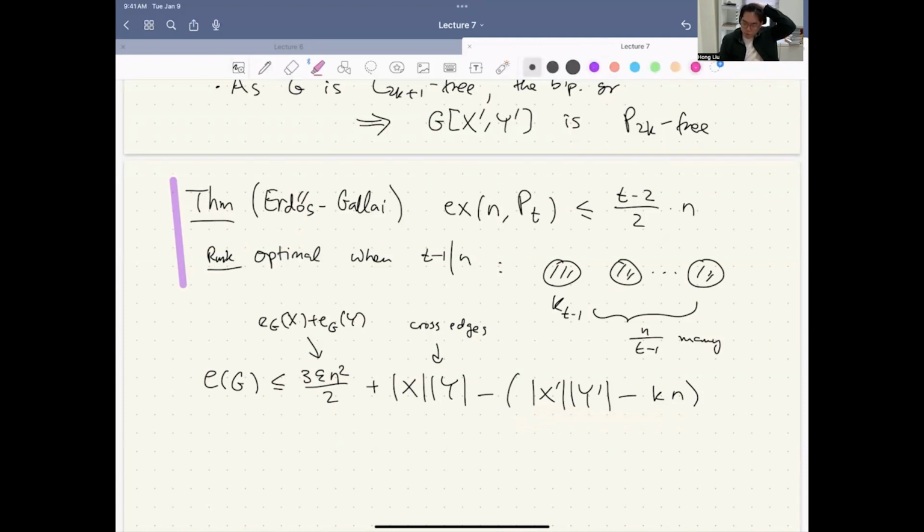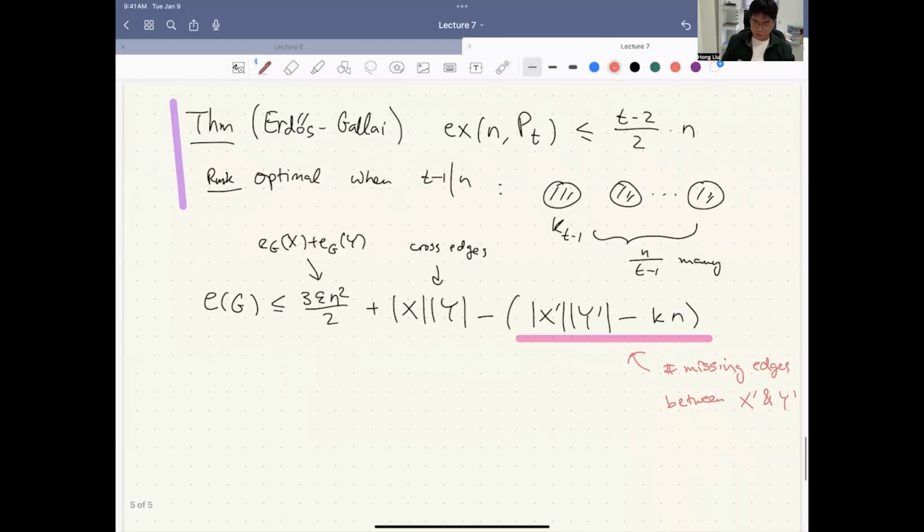Let me remark here. This is the number of missing edges between x prime and y prime. Now, the total is at most 3 epsilon n squared over 2.